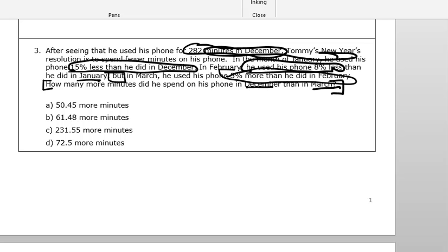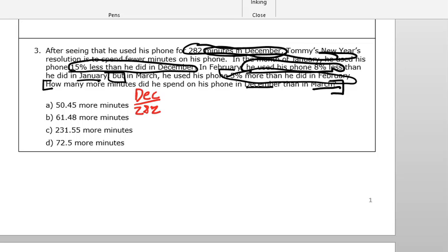Okay, guys, this is a bit of a doozy, because I have December, I need to find January, I need to find February, I need to find March, and then I need to subtract March from December, okay? So let's start here. We'll make December red. All right, so I have December, we've got 282 minutes.